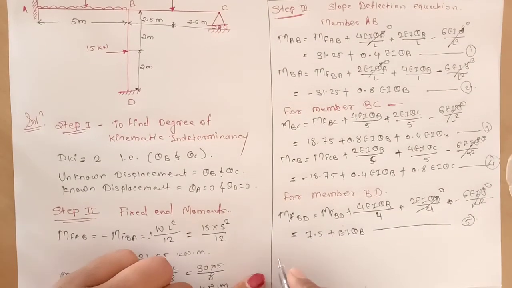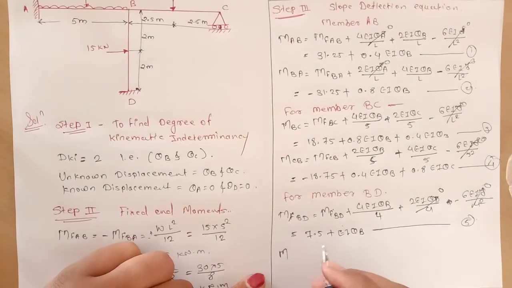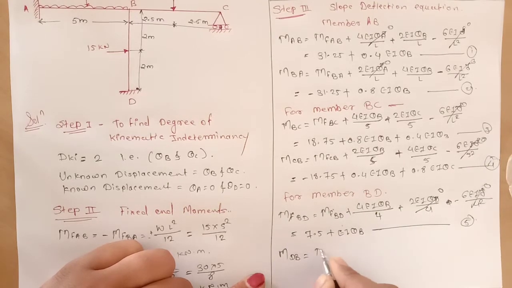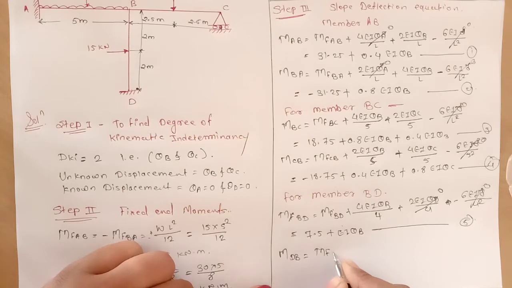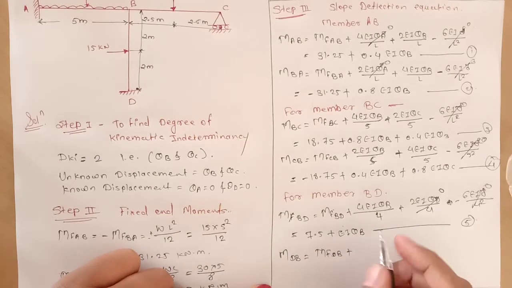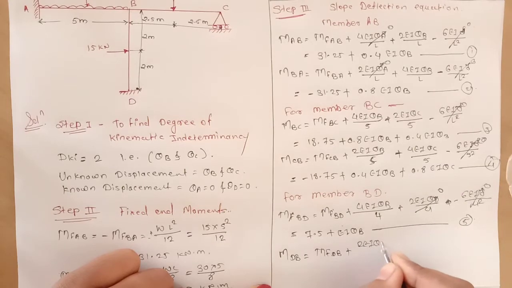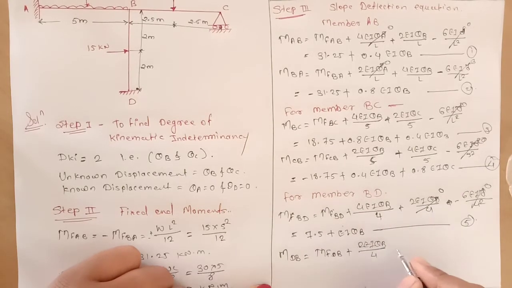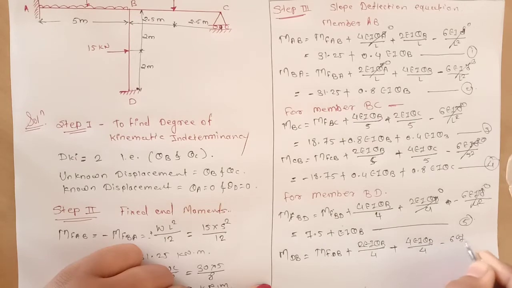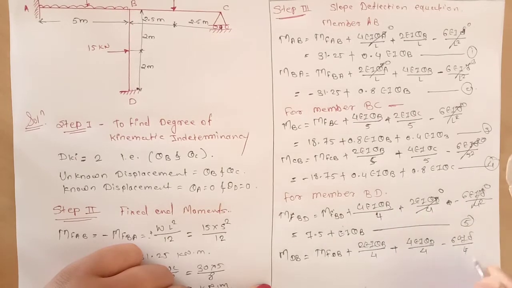Then next, the last member, the slope deflection equation for member DB. The formula is fixed moment for member DB plus 2EI theta B divided by L plus 4EI theta D divided by L minus 6EI delta divided by L square.